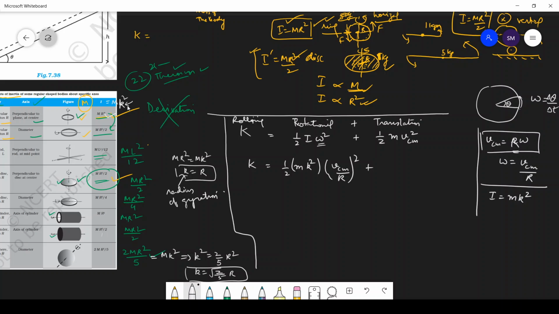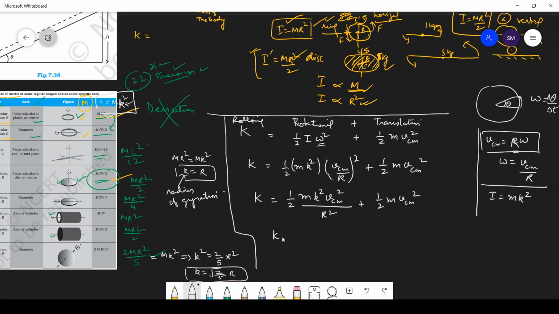So simply putting these values of omega and the value of I, that is mk square. I can write it as mk square in all the cases, where k is the radius of gyration. Plus half m VCM square. So the kinetic energy of the rolling body is half m k square into VCM square upon r square plus half m VCM square.